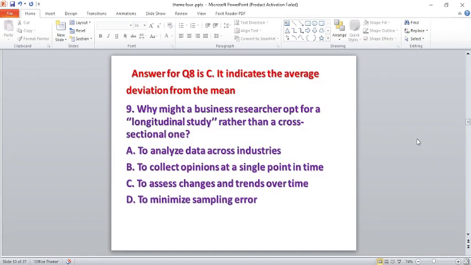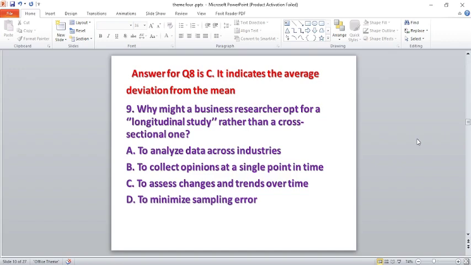Question number 9. Why might a business researcher opt for a longitudinal study rather than a cross-sectional one? A. To analyze data across industries.